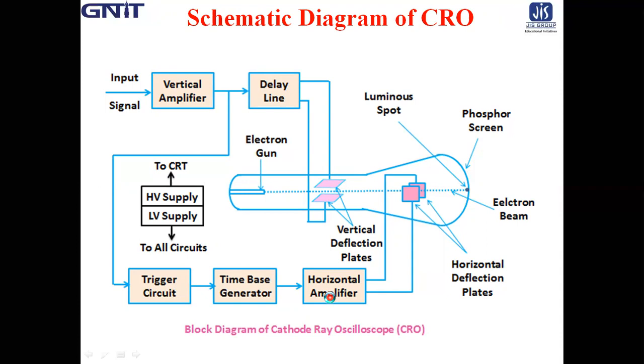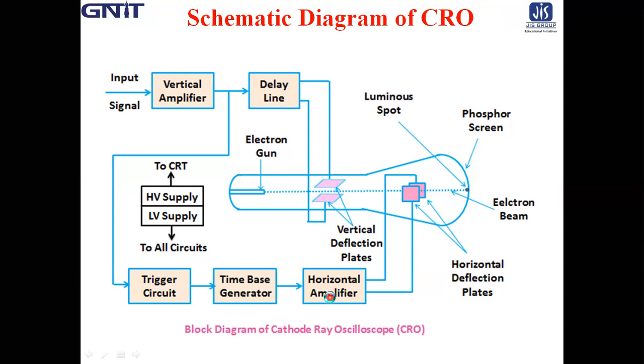Next is the power supply circuit. The cathode ray tube requires a few thousand volts for acceleration of the electron beam and a low voltage for the heater of the electron gun, which emits electrons. The CRO has various control switches on the panel.